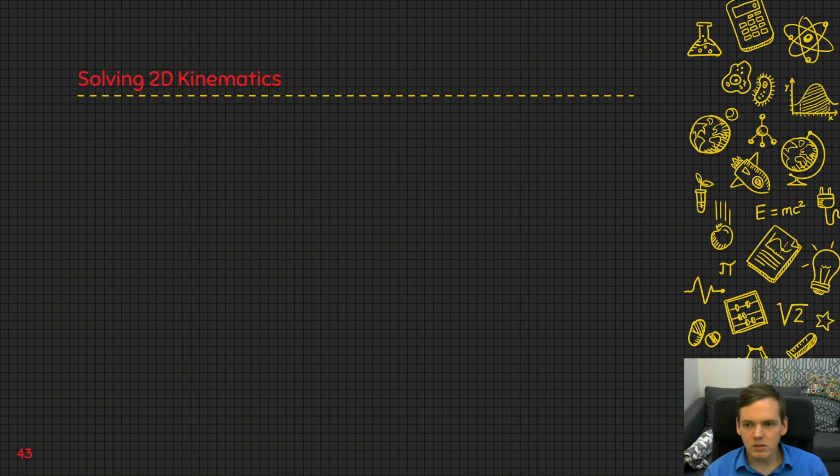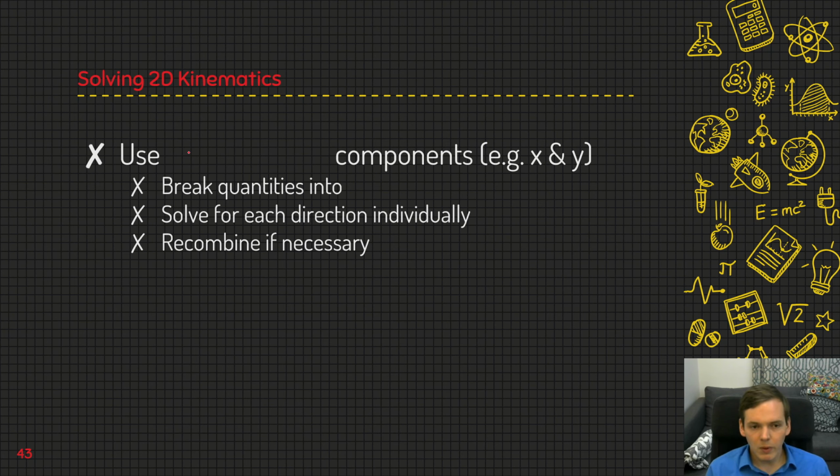So how does this all play out into 2D kinematics? Well, as long as we use perpendicular components, so for example, x and y, any motion that happens in the x direction is completely independent of any motion happening in the y direction.